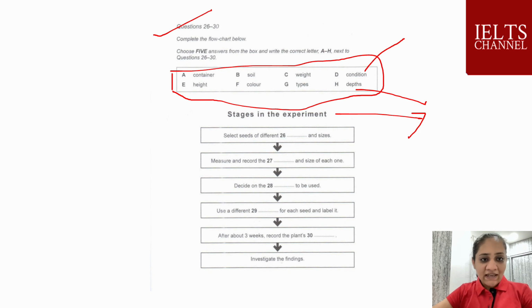Let's see the first one. Select seeds of different dash and the size. Let's discuss some grammatical rules. Rule number 1 for "and": when "and" is given and before "and" you have a blank, you have to focus on which word they have used after "and". They have used size.